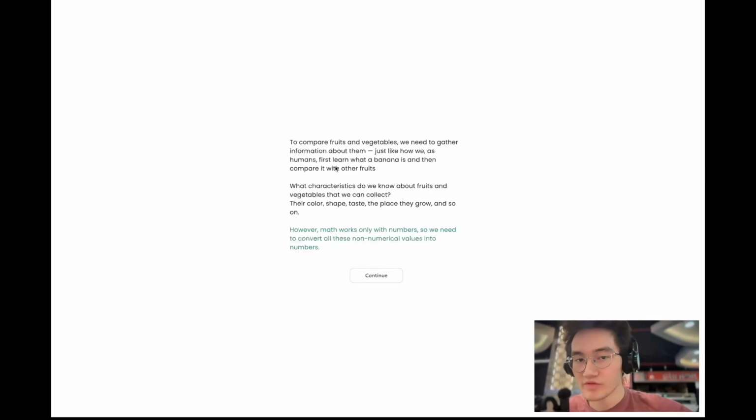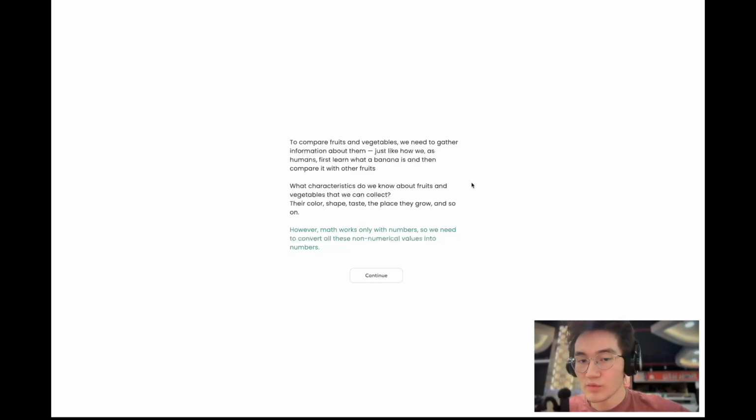To compare fruits and vegetables, we need to gather information about them, just like how we, as humans, first learn what a banana is and then compare it with other fruits. What characteristics do we know about fruits and vegetables that we can collect? Their color, shape, taste, the place they grow, and so on.